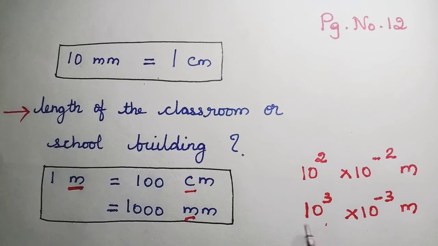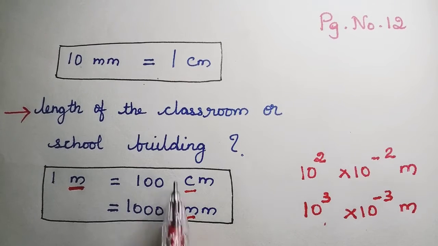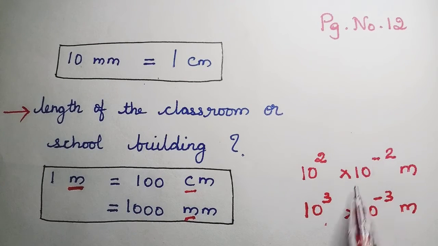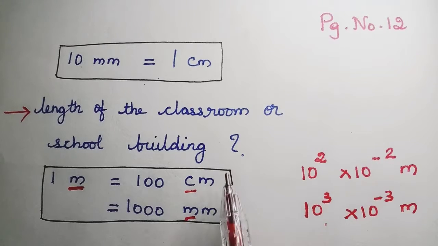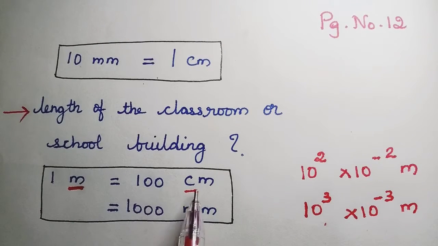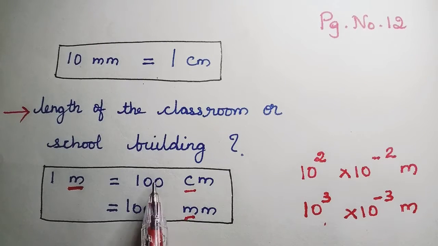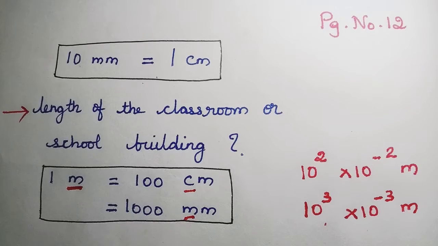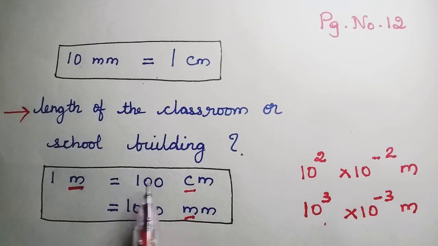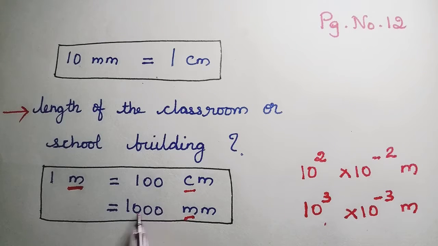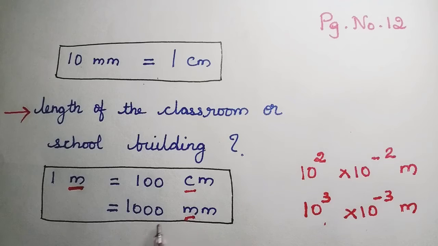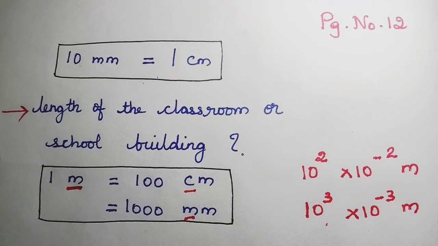So this is a clue, you don't have to memorize this by heart. Based on this mental calculation, you can easily say 1 meter is equal to 100 centimeters and 1000 millimeters, because centimeter means 10 to the power minus 2, so you put 2 zeros, that is 100 centimeters, and millimeter means 10 to the power minus 3, so you put 3 zeros, that is 1000 millimeters. So these 2 zeros and this centi get cancelled, and these 3 zeros and this milli get cancelled.